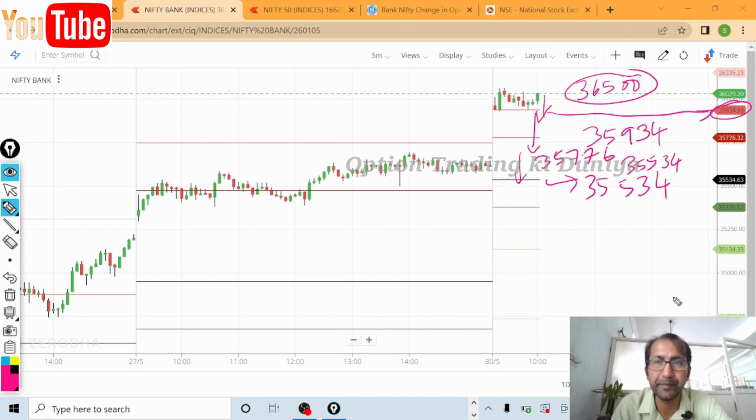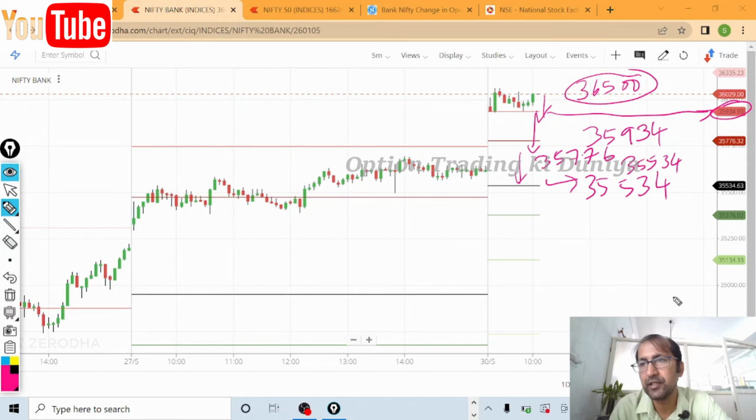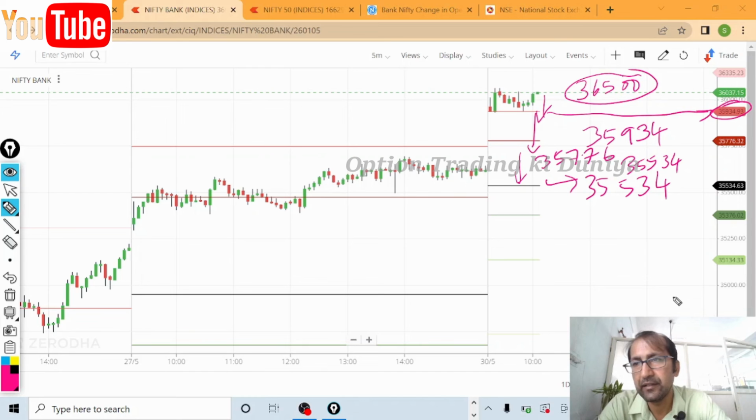Only on dips, but there is a higher probability of Bank Nifty going upwards, because 36,500 is the next level where the calls have been written. You have to observe Bank Nifty on dips below 35,934.